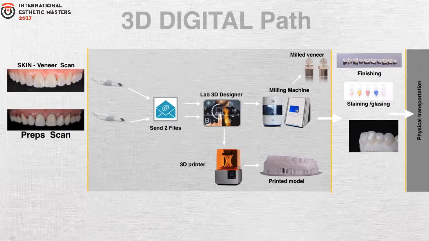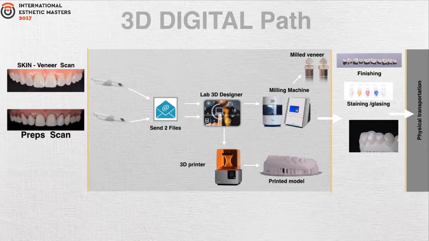The lab technician, who is now a different professional because he needed to learn the digital process himself, will adjust the combined image to the 3D printed model. At the same time, they mill the ceramics to create the restoration.